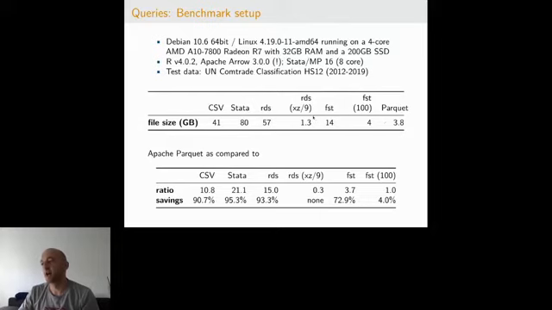And you can see the smallest on disk are the RDS files with the highest compression ratio, and second is Parquet, and the table below gives the relative sizes.